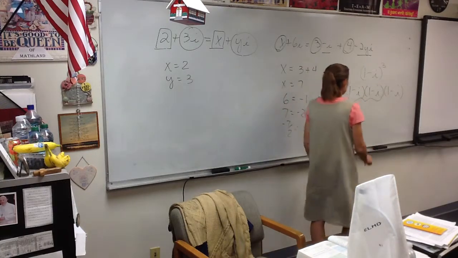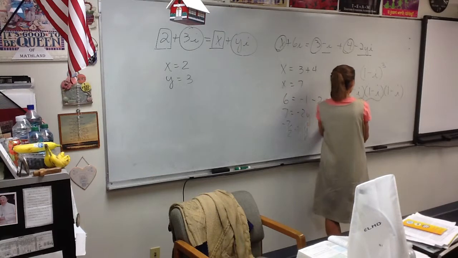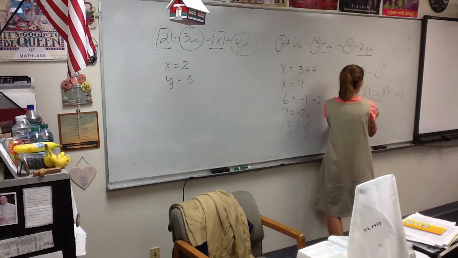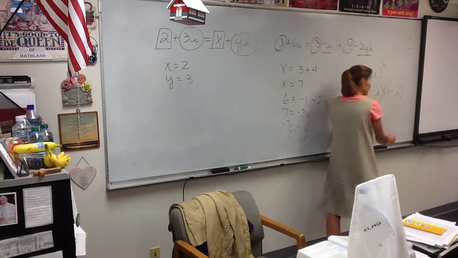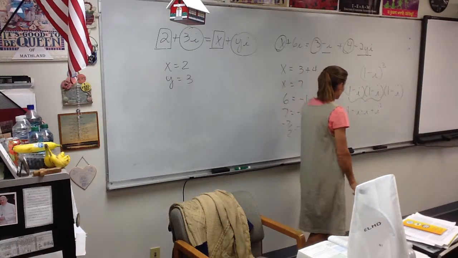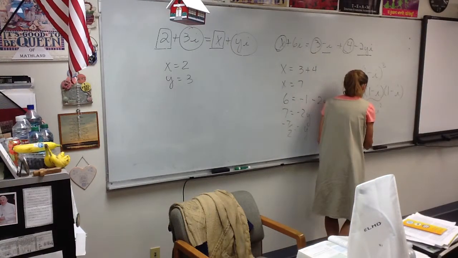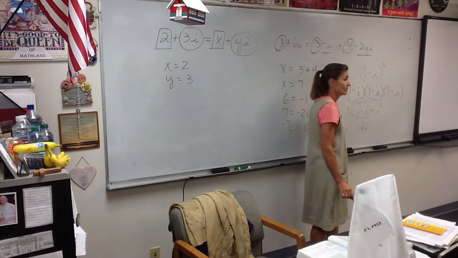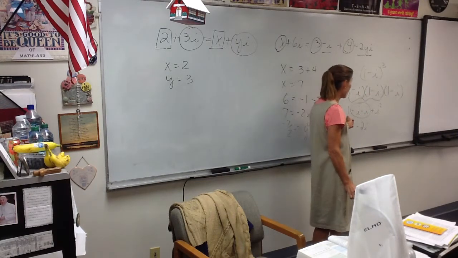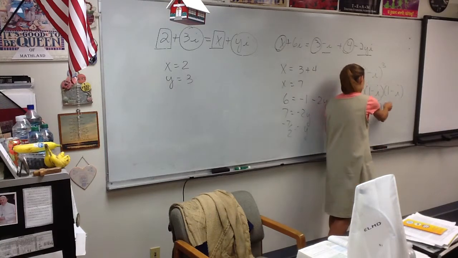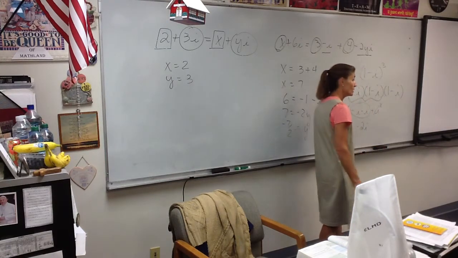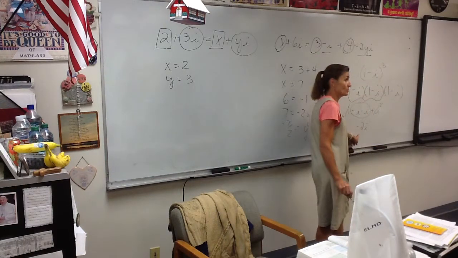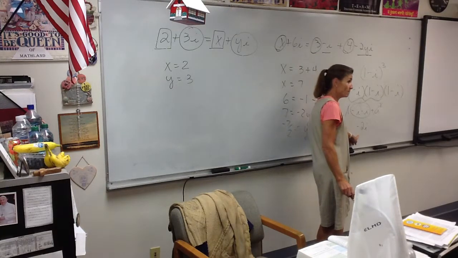So I'll multiply those 2 together, and that will give me 1 minus i minus i plus i squared. So this makes negative 2i. What's i squared? Negative 1. So I have a 1 and I have a negative 1. Those just cancel. So that just FOILs to negative 2i.